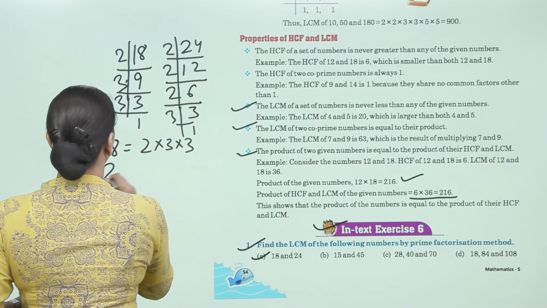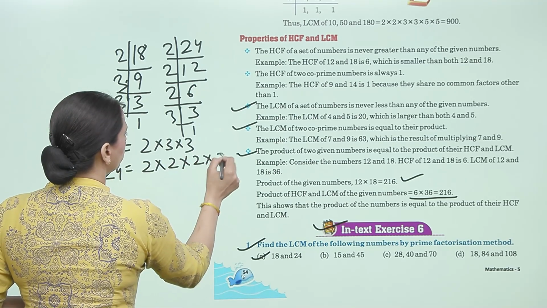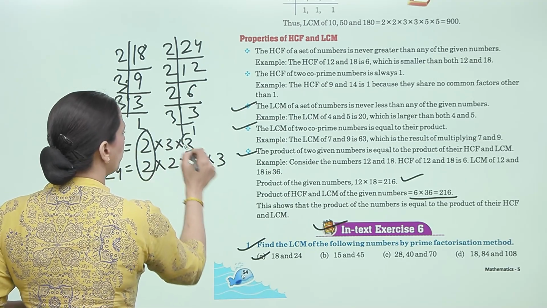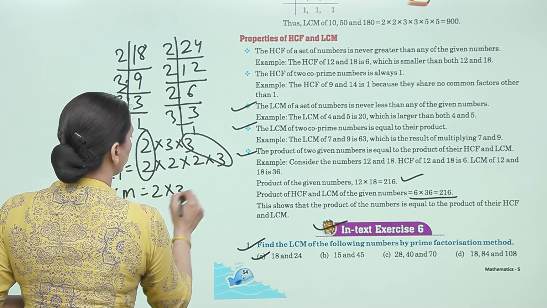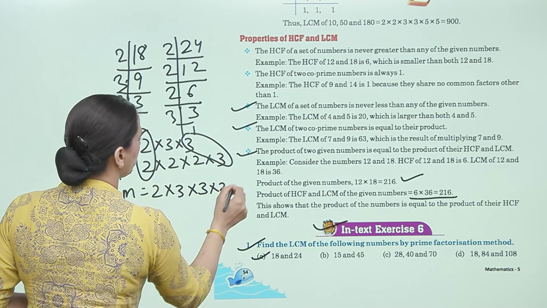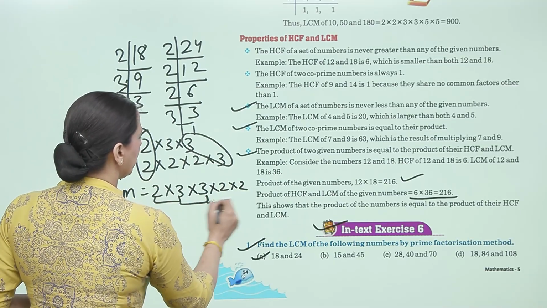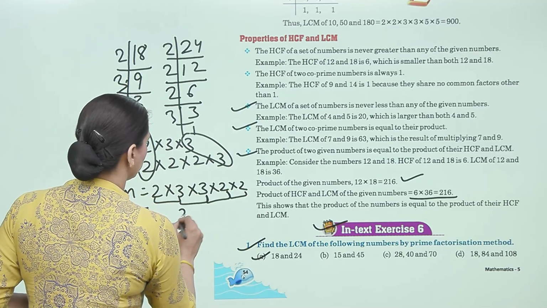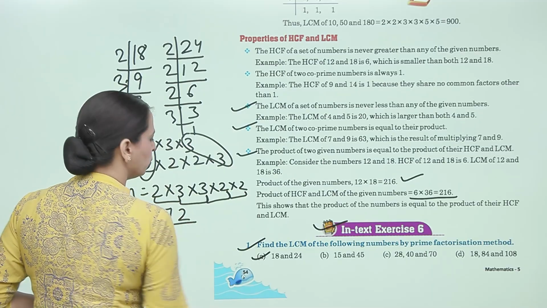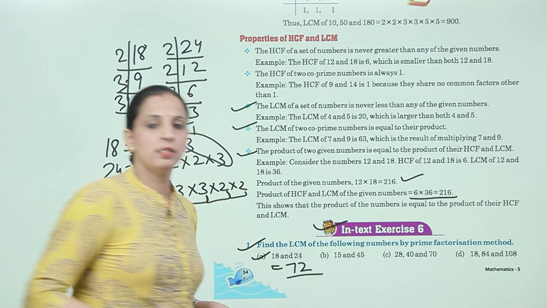Now 24 is 2 into 2 into 2 into 3. Now common factors are 2 and 3. So LCM is 2 multiply by 3 multiply by 3 multiply by 2 multiply by 2. 2 3s are 6, 6 3s are 18, 18 2s are 36, 36 2s are 72. So the LCM of 18 and 24 is 72.